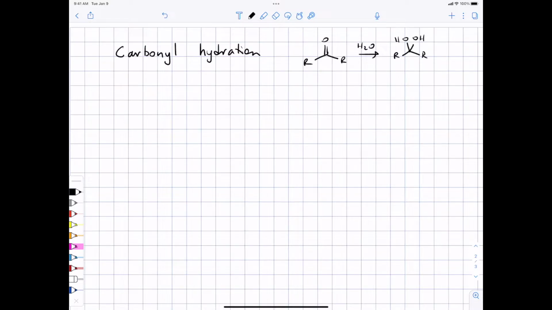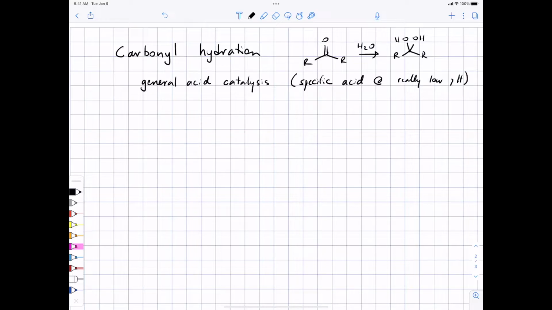And the reaction tends to be general acid catalyzed, meaning that the protonation happens in the rate determining step.